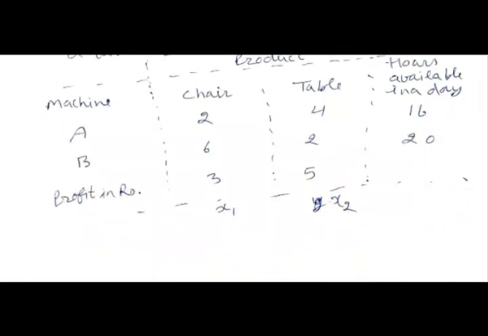We also write here the profit in rupees: 3 for a chair and 5 rupees for a table.